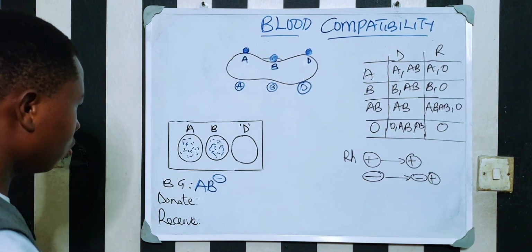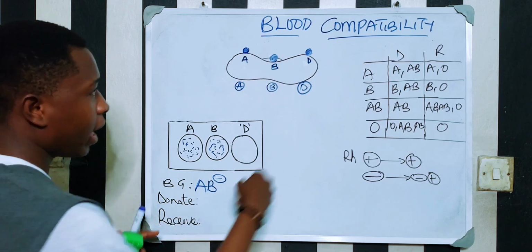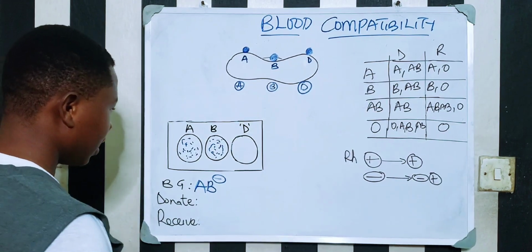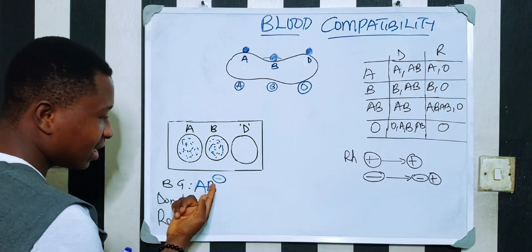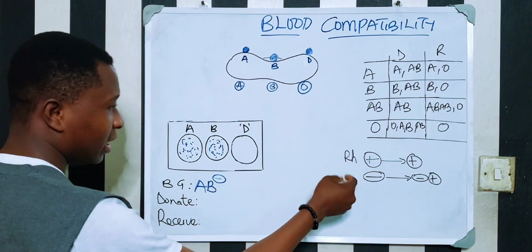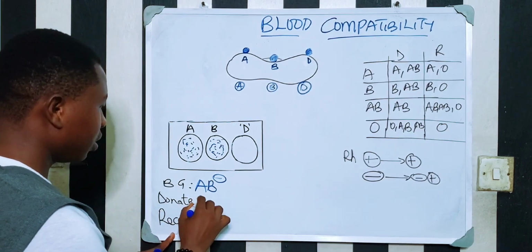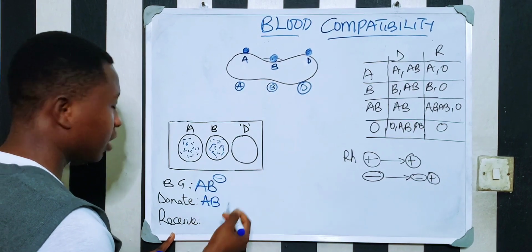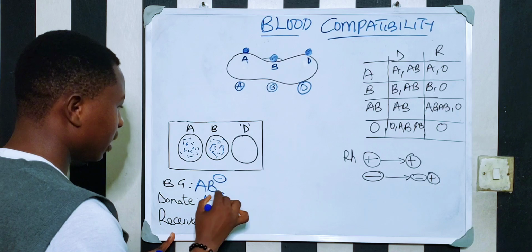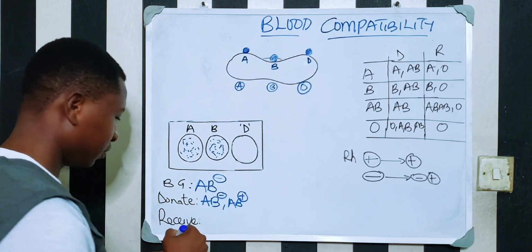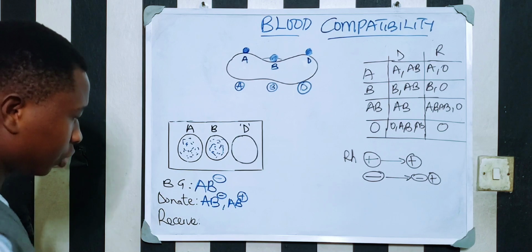Okay, let's see who they can donate to. Now, the AB can only donate to AB, right? So they can donate to AB, but since it is a negative blood, the rule says that negative blood can give to both negative and positive blood. So it can donate to both variants of itself. So the AB negative and AB positive. Okay, these are the people they can donate to.